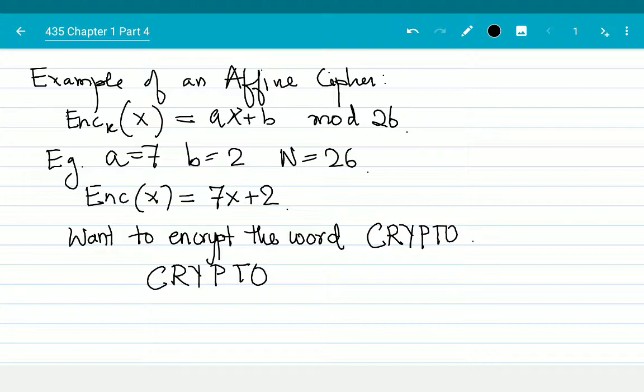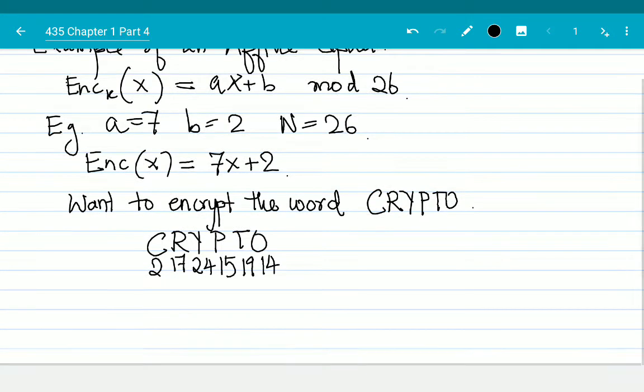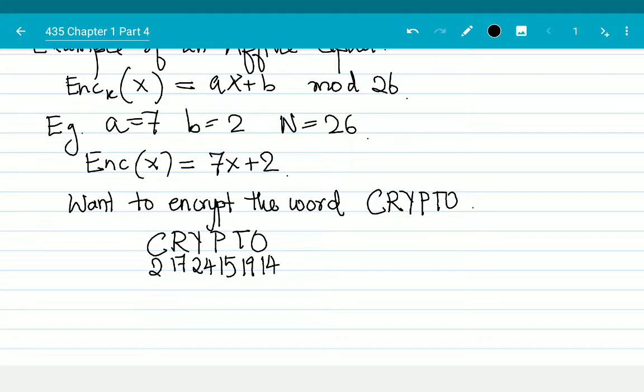The numbers with respect to this are C is 2, R is 17, Y is 24, P is 15, T is 19, and O is 14. And now I hit all of these by my 7x plus 2.